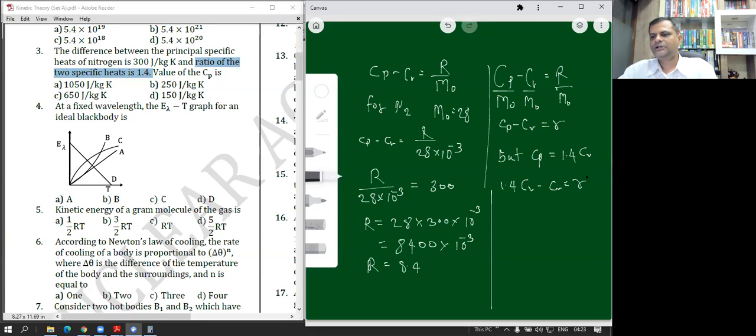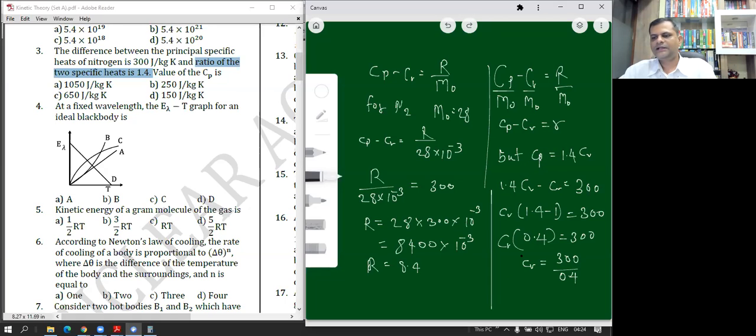Okay, तो ये small r का ही वैल्यू 300 दिया हुआ है, डिफरेंस ना, तो 300 वो भी डाल देंगे यहाँ पे, तो ये बन गया इधर. और 1.4 Cv अगर कॉमन निकालते हैं तो अंदर बचेगा 1.4 minus 1, that is going to be equal to 300, right? So that we can get this Cv into 0.4 is equal to 300, which means Cv must be equal to 300 by 0.4, correct है?